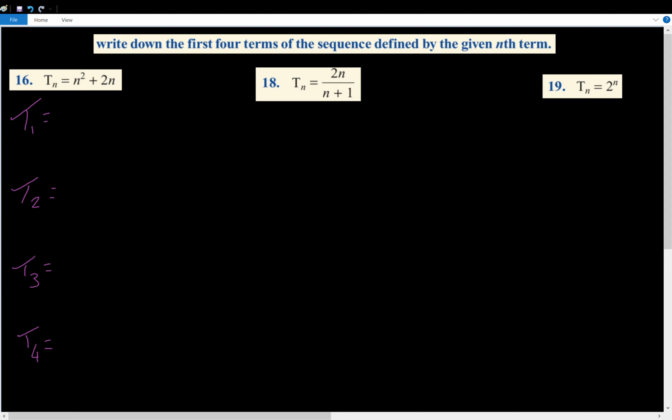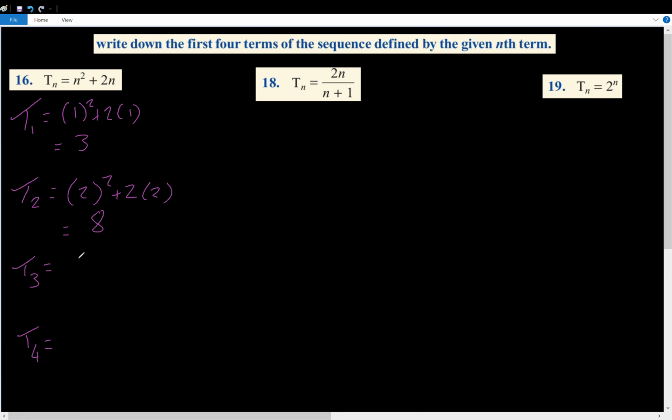In order to get T1, you substitute 1 into our T of n in place of n. So 1 squared plus 2 times 1, which is 1 plus 2, and we just get 3. For T2, we're putting 2 in place of n. So we get 2 squared plus 2 times 2, which is going to be 4 plus 4, so we get 8.